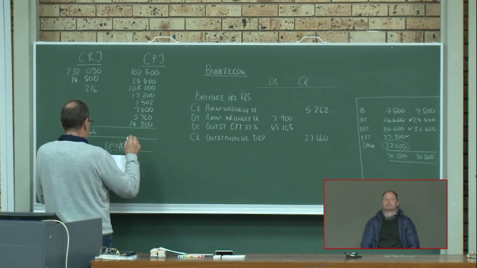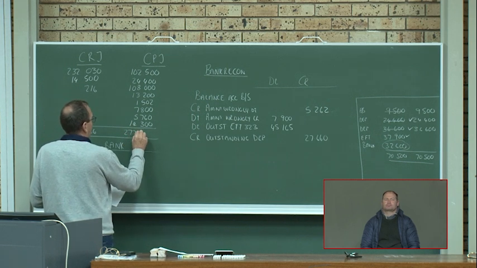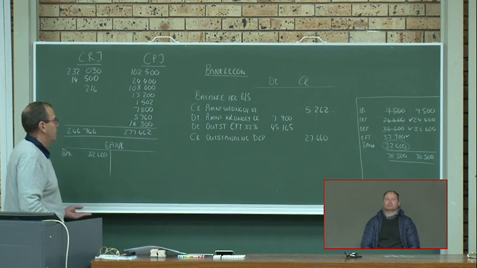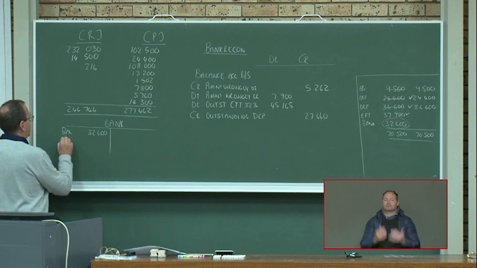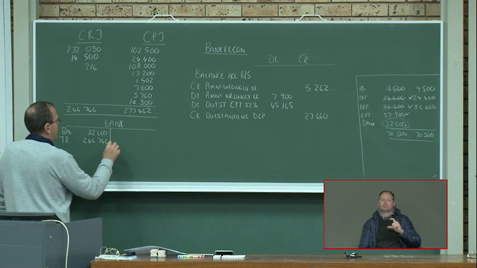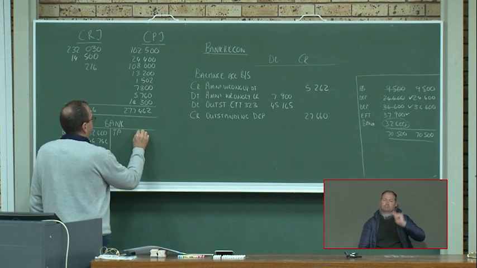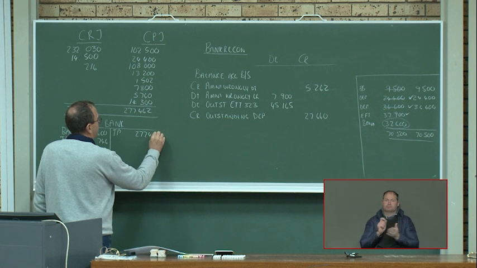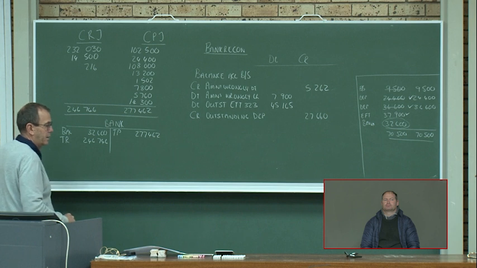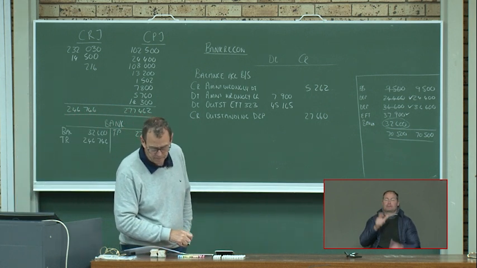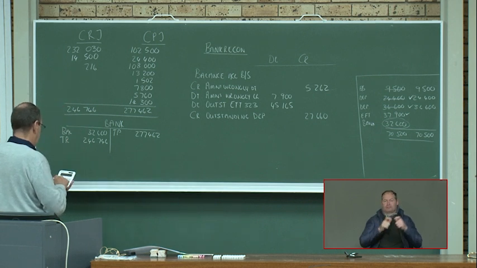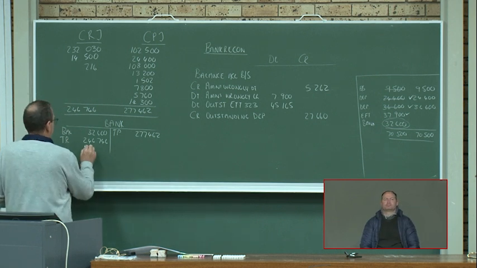And the payments 277,462. So now we will have our total receipts, which is 246,746, and total payments 277,462. So 78. So it seems like the debit side is the bigger figure. $279,346.